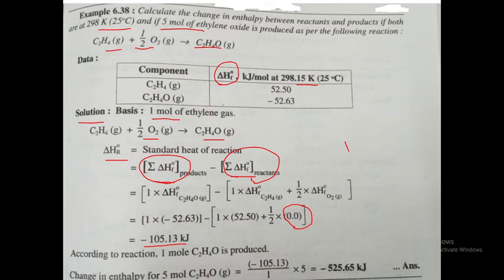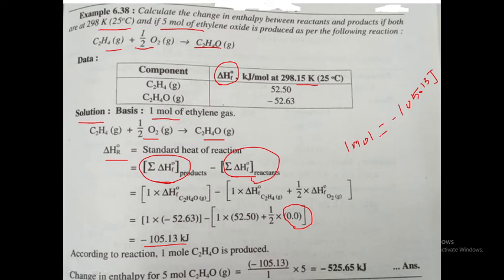So 1 mole produced means 1 mole is equal to minus 105.13. Is it correct? This is the standard heat of reaction value. But in our problem, how many moles? So 5 moles are produced. Are you clear or not?